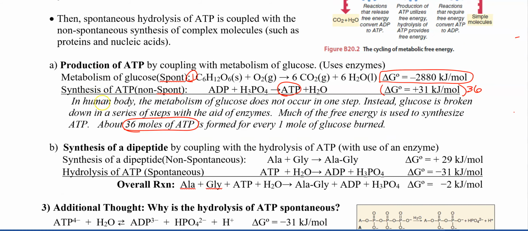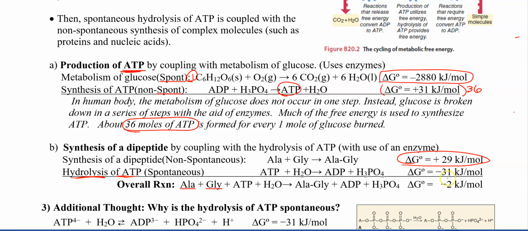So you can burn glucose to make ATP, and then you can make a dipeptide, right? And that's a non-spontaneous reaction, right? But you want to make some proteins. So how are you going to make your proteins? You need to couple it with the hydrolysis of ATP, which is the breaking down of ATP. So ATP reacts with water and you get ADP.